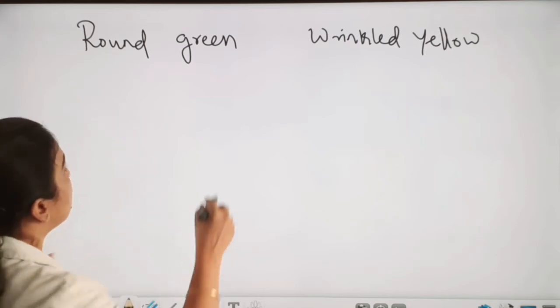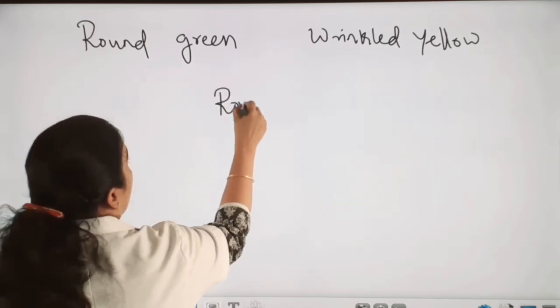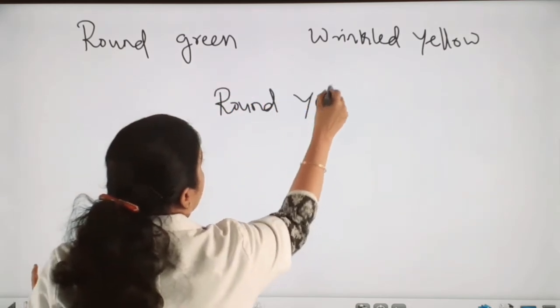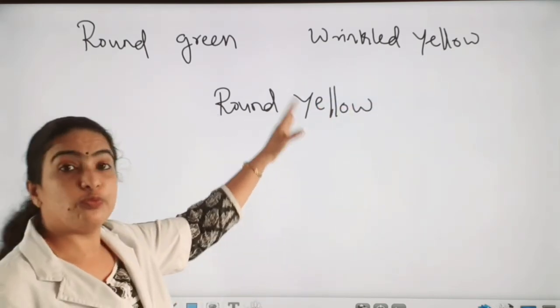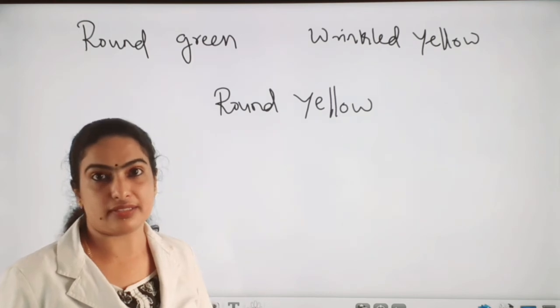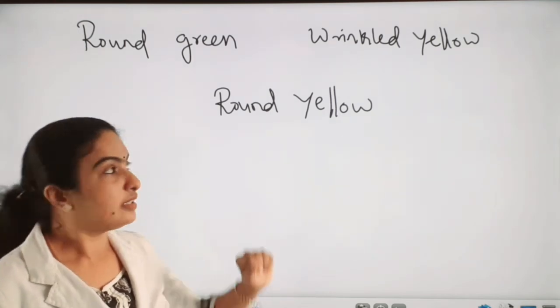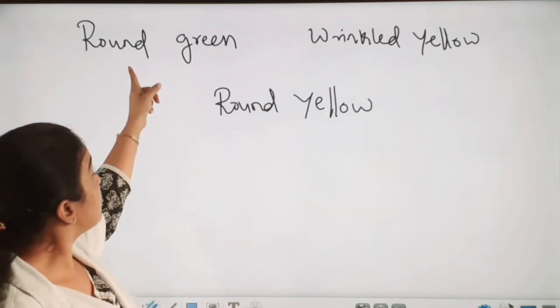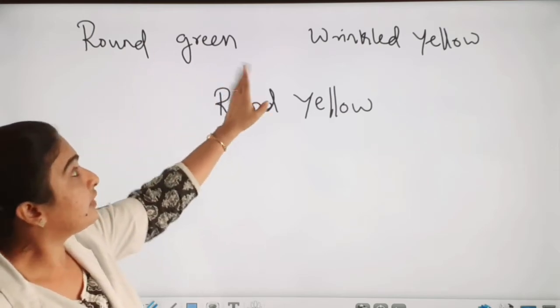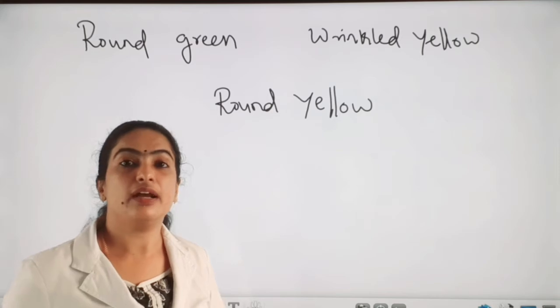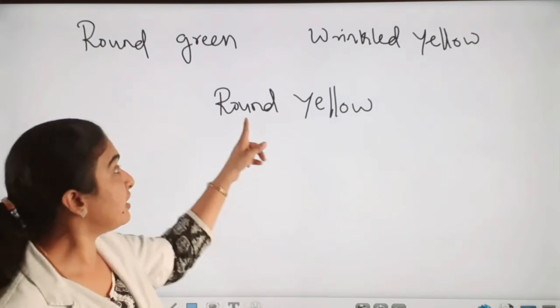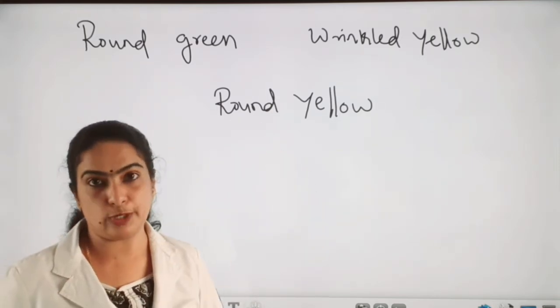So in the first generation he got all round yellow offspring. That means the offspring show variation from the parental character. Am I right? So the parental characters were round green, wrinkled yellow, but the offspring show entirely different character from the parental characters, and that was round yellow.